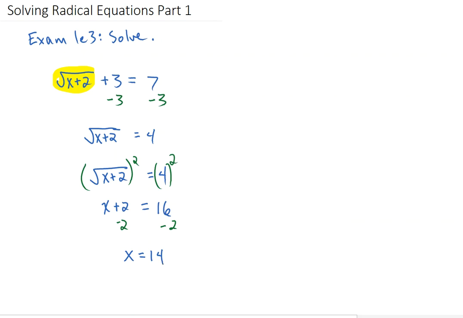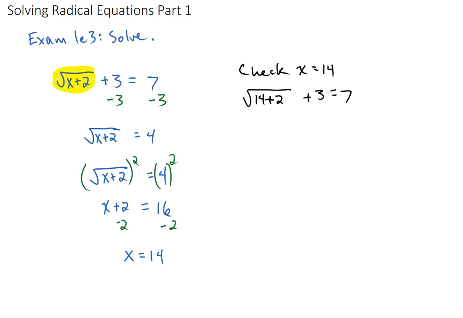We have to take whatever solution we come up with and check it back in the original equation. I like to say with radical equations, we're not finding the solution so much as candidates for solutionhood. And then we have to go back and check if they actually qualify. So we're not saying these are equal; we're actually checking to see if they're equal.